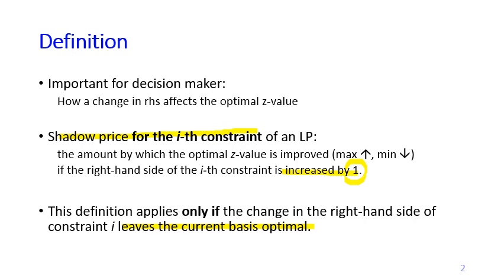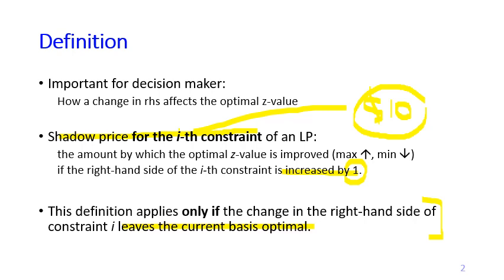Okay, so to make this sentence more concrete, let's say the shadow price for the finishing constraint is, let's say, $10. Then you may apply this shadow price saying that, okay, I increase finishing by 1 hour and my profit will increase $10. And then you may say, if you increase the finishing hour availability by 2 hours, then your profit will increase by $20.